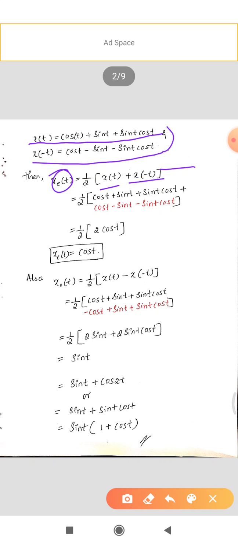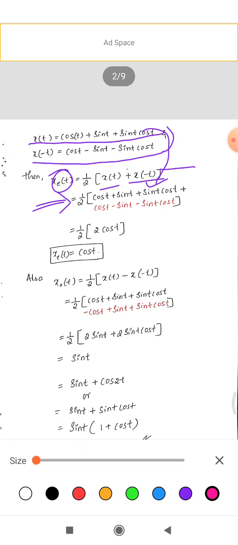Both we have, so substitute in this. x of t is cos t plus sine t into cos t. Then they have asked us to add, so x of minus t we have to add. That is cos t minus sine t into cos t.